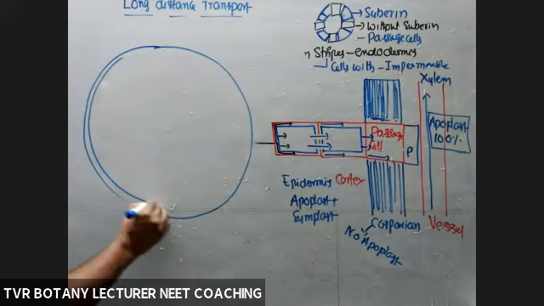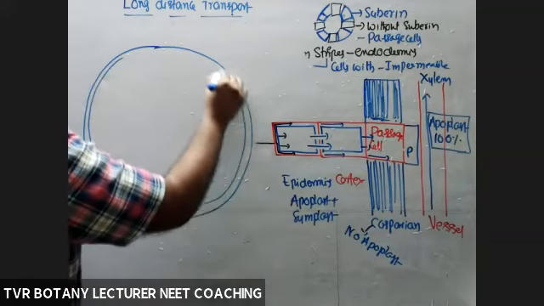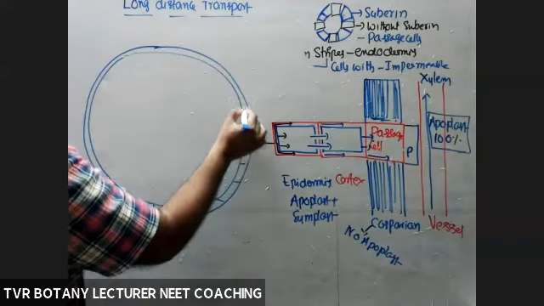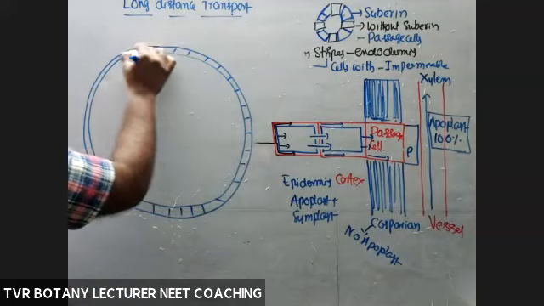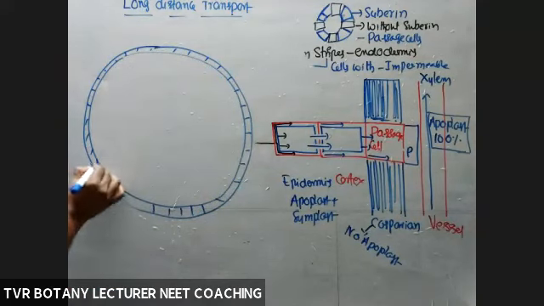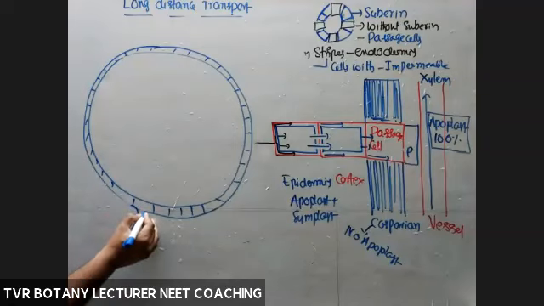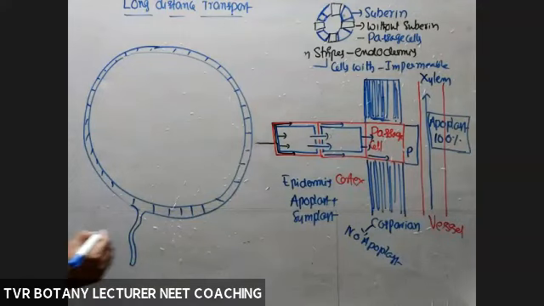Epidermal tissue system, so epidermis. From this epidermis, a certain number of epidermal cells form root hairs. Root hairs are exogenous in origin, ephemeral, short-lived, unicellular.